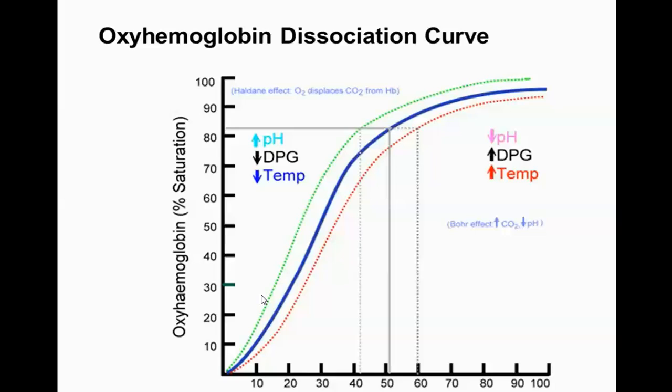So when we shift to the left, with the minimum amount of PO2 we can saturate almost all of the hemoglobin. While at the tissues, I want to unload the oxygen carried by hemoglobin to the tissues, so it will shift to the right.